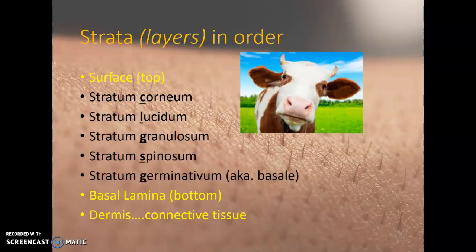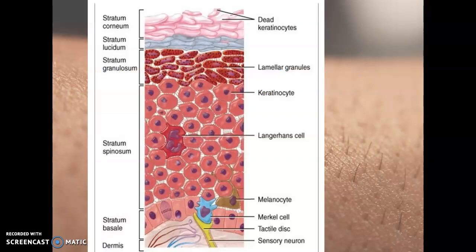COWS stands for corneum, the top layer, lucidum, granulosum, spinosum, and germinativum, also known as the strata basal. Basal lamina would be below that. Remember, the basal lamina holds the upper epithelial to the lower connective tissue, which is where the dermis is. So don't forget, cows like grass so green, to remember the layers from top to bottom.